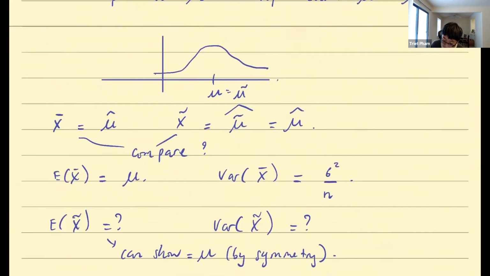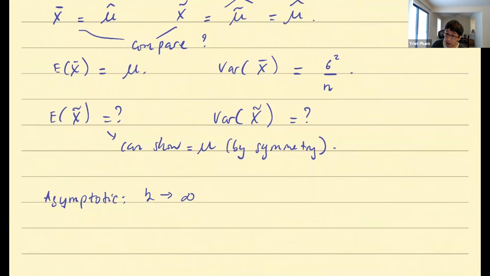But anyway, as the sample size goes to infinity, the sample median is approximately a normal random variable with mean equal to the population median and variance equal to this guy right here.